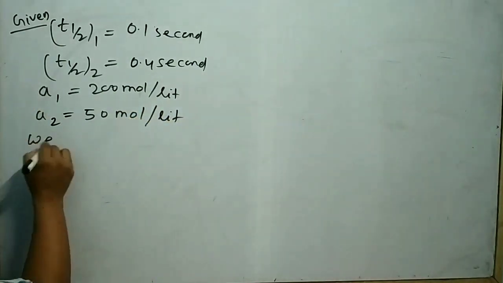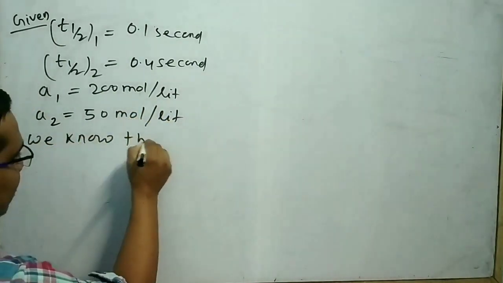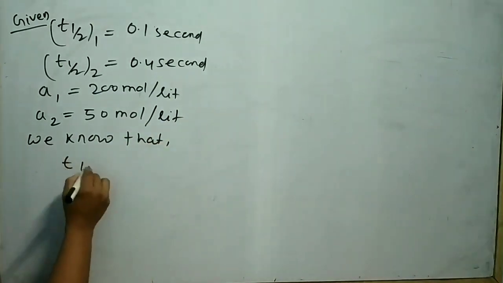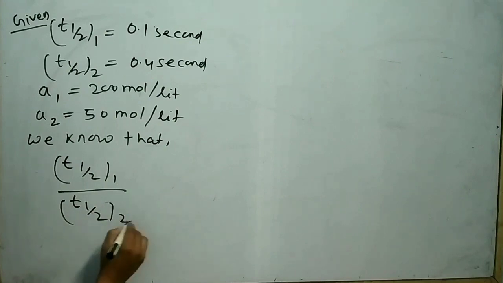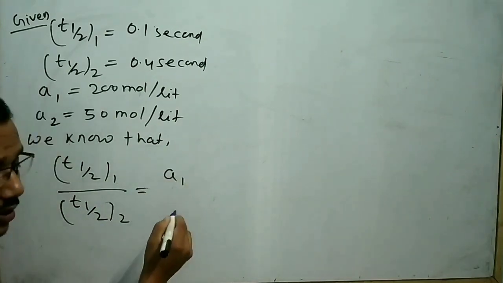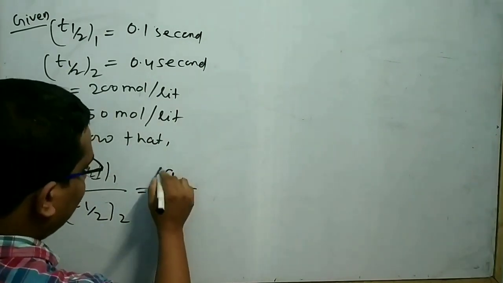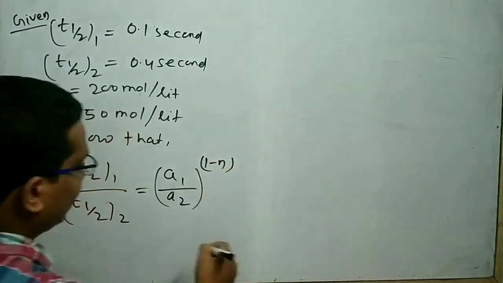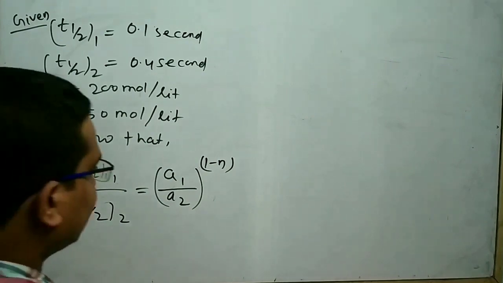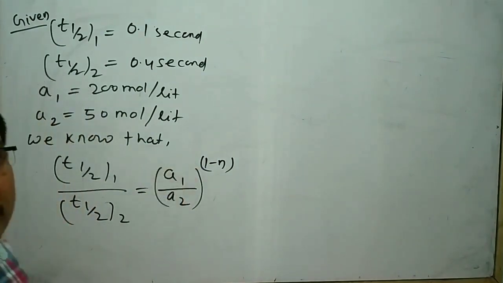We know that t half 1 divided by t half 2 equal to (A1 divided by A2) whole to the power 1 minus n. Here n is the order of reaction. Our aim is to find out the order of reaction.